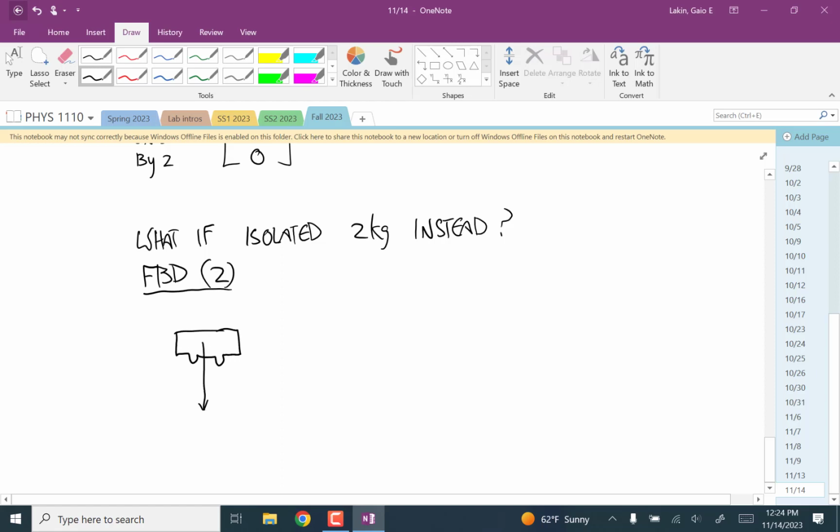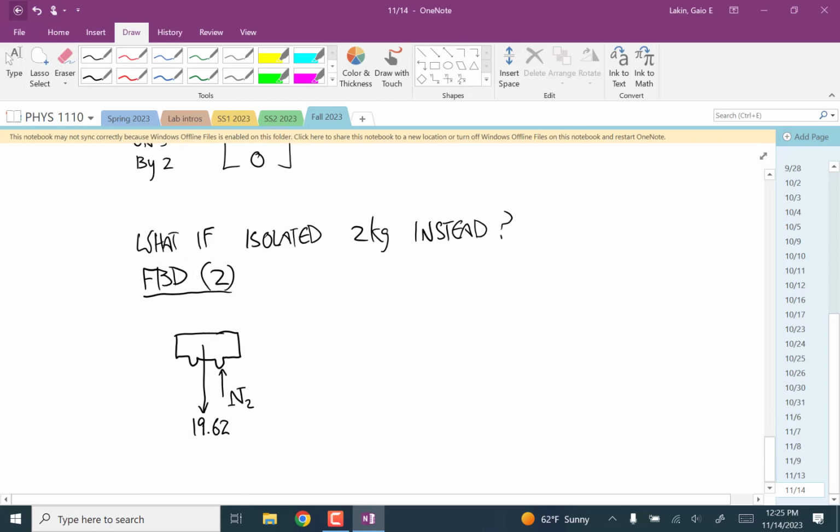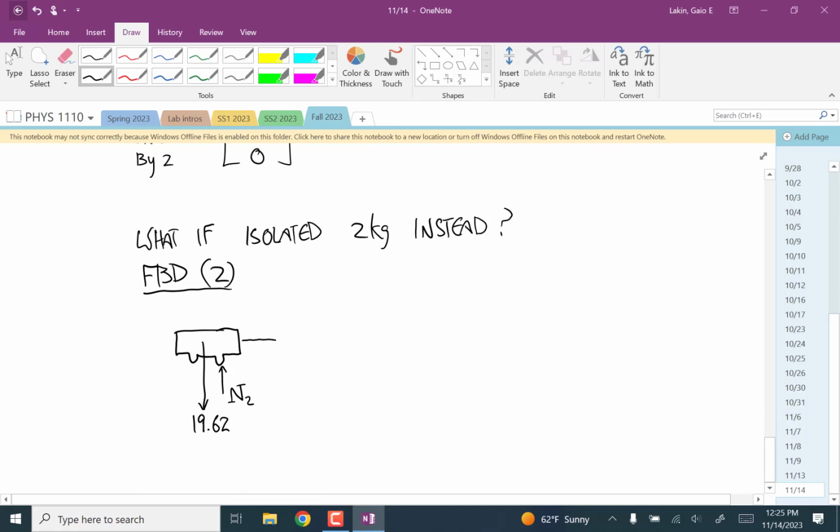You have a weight force down of 19.62. You have a pushing force up that I'll call N2. And then the 30 Newton force isn't applied to the 2. It's applied to the 5, so it doesn't show up. But the 5 kilogram does push on it. So we have this force here.